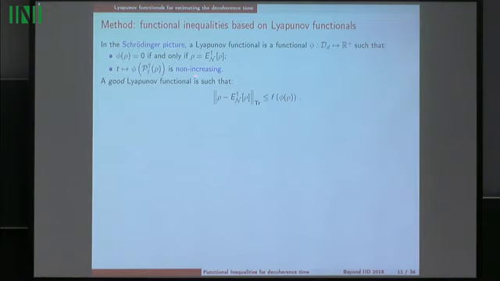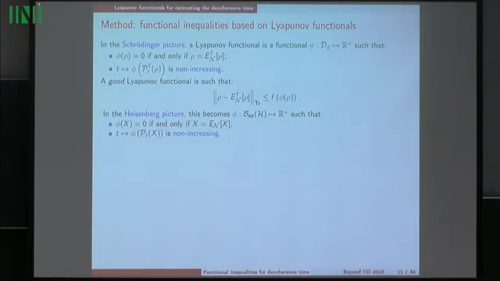And furthermore, they are non-increasing along the evolution. And I will call it a good Lyapunov functional if I can control my trace distance, my one distance, in terms of this Lyapunov functional with a good f of t, of course. So the goal is, instead of having to estimate this trace norm, to estimate some other distance with nice properties. It will not be a true distance, but it will serve as a distance with nice properties. So of course it has to vanish only on the correct set, and also it is non-increasing.